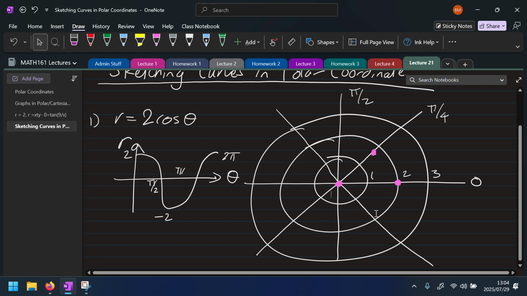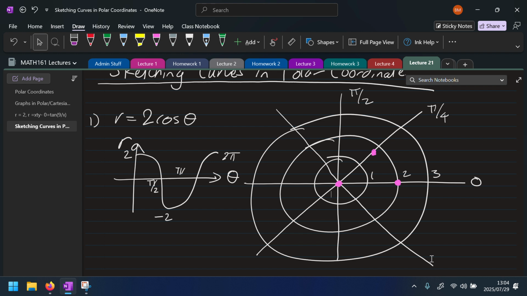Okay, this line over here in the bottom quadrant. What is this angle? So 0, pi over 4, pi over 2, loop around. Okay, add up the lines. Pi over 4, pi over 2. Next one.